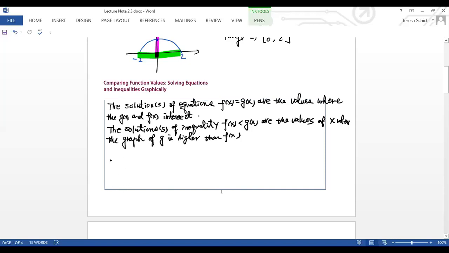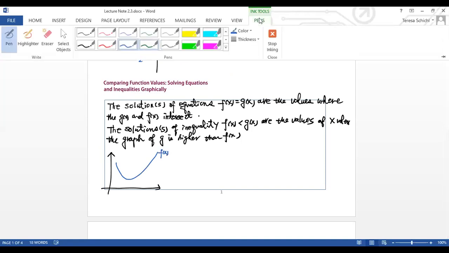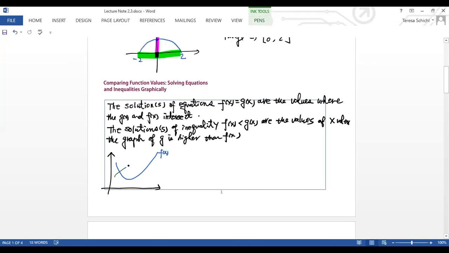So from the graph, let's see here, right? The first thing is I have a first graph here. So this is my f of x, the blue one. And then the green one here is my g of x.